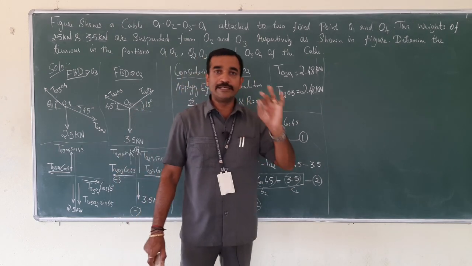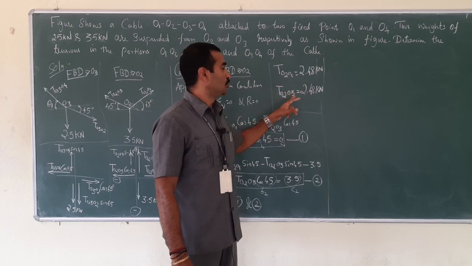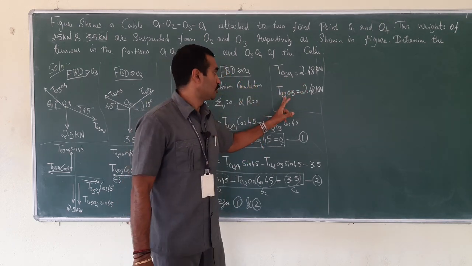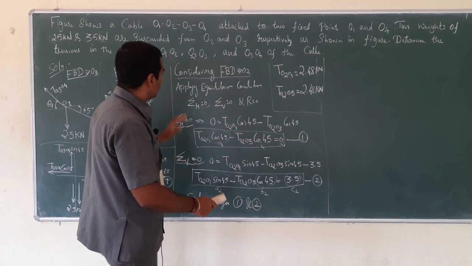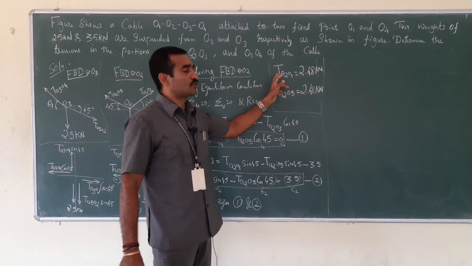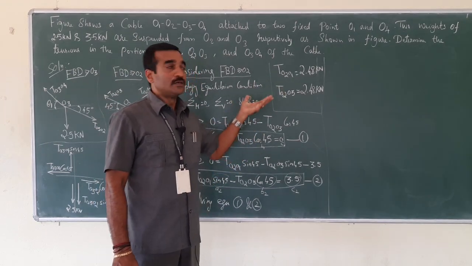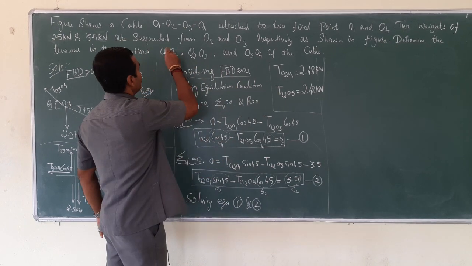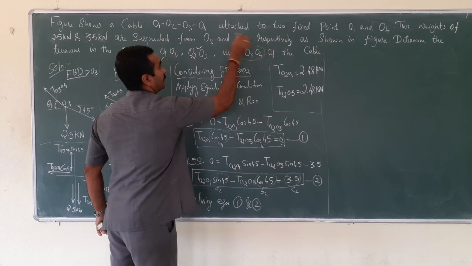Then you just press equal to, you will get the values TO2O1 and TO2O3, right? So by considering the FBD of O2, I have found the two tension values, TO2O1 and TO2O3. One more is there, TO3O4, and this value I need to find.